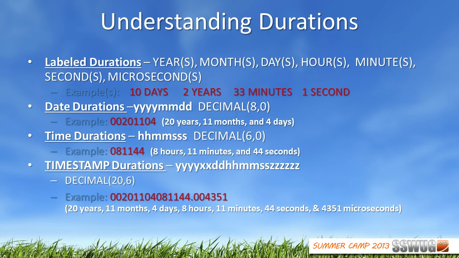As long as you have it specified as decimal 8, 4 characters for the year, 2 for the month, 2 for the day, and then the example here, 00201104, and we take that and add it to or subtract it from a valid date variable or column in DB2, then DB2 will take the 20 years, 11 months, and 4 days and subtract or add it and give you that date either in the future or the past. Likewise, time and timestamp durations, as long as you have the right format and the right context, DB2 can do the date and time arithmetic on those columns as well using those durations.